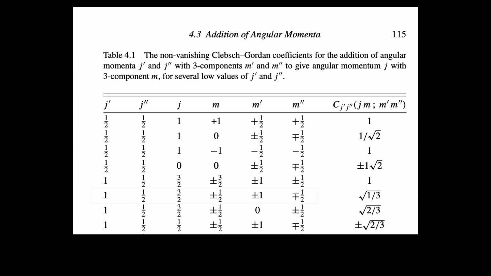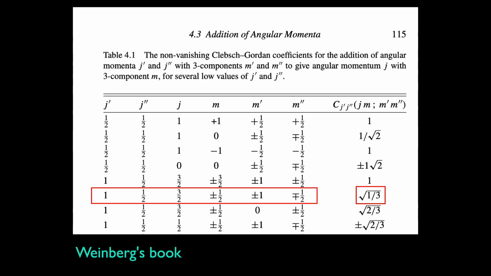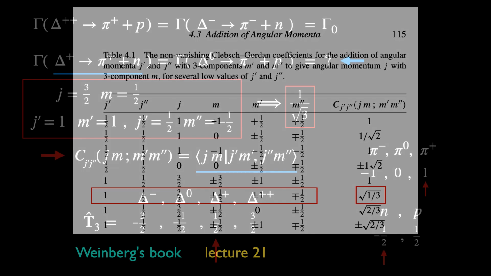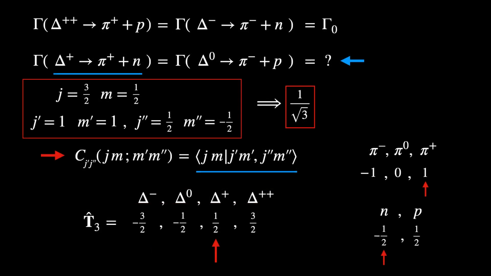This is the relevant row, and the value for our coefficient. You can find this table in Weinberg's book. Also check out lecture 21 to see how to calculate them. So the corresponding amplitude is equal to 1 over the square root of 3. This gives an absolute square of 1/3. And this is our decay rate.